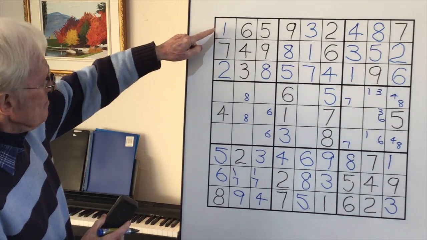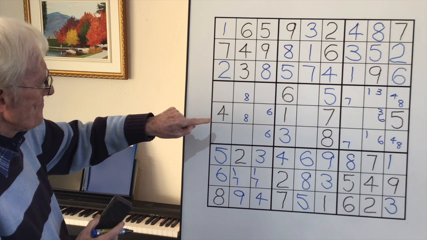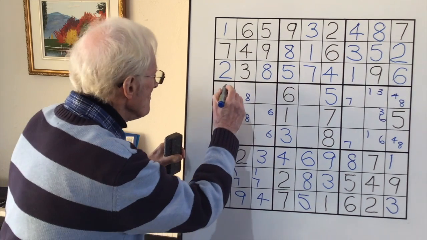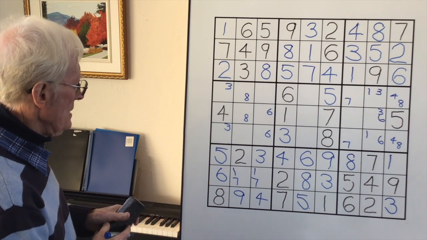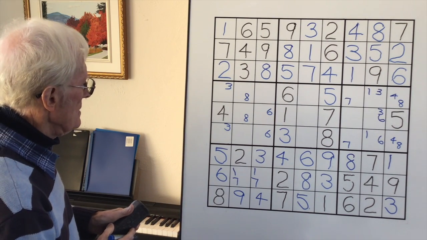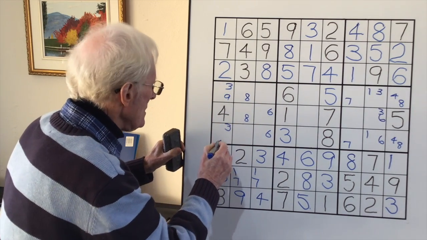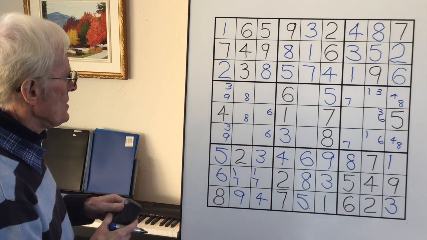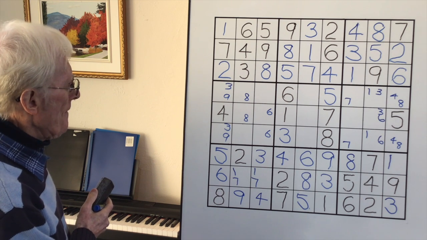In this column, we only have 2 spots left. What are they? Let me see. 3 is one of them. And the other one would be 9. 3, 9. And I think that's right, yeah, 3, 9. Okay. Is that right? 3, 9, yeah.